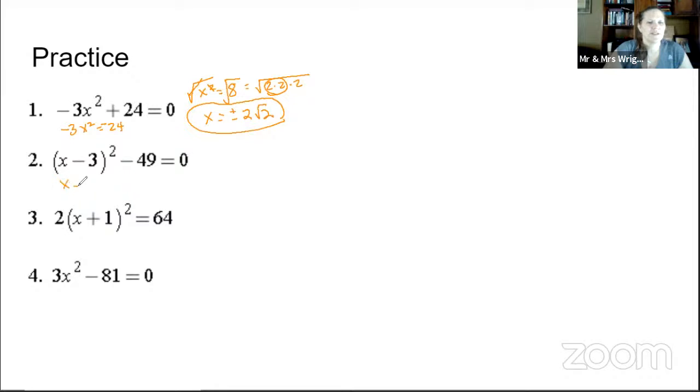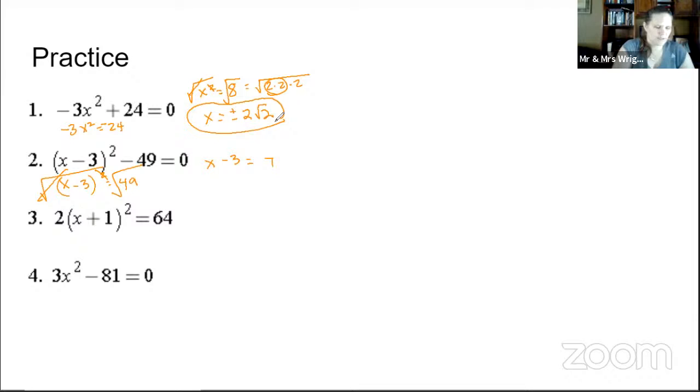All right, so this one we're going to have x minus 3 squared equals a positive 49, because as it moves from the left to the right, if it switches sides, it's going to switch signs. So from the left, it's a negative 49. So on the right, it's going to be a positive 49. And then we're going to take the square root of both sides. So I'm going to be left with x minus 3 equals 7.